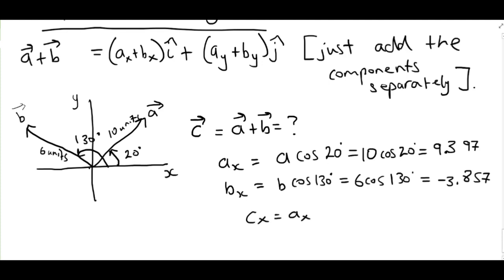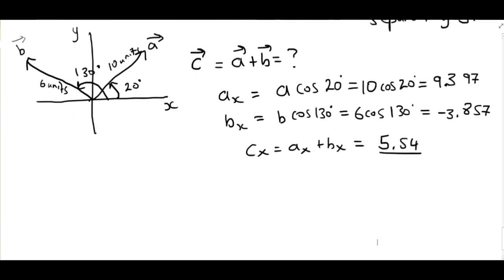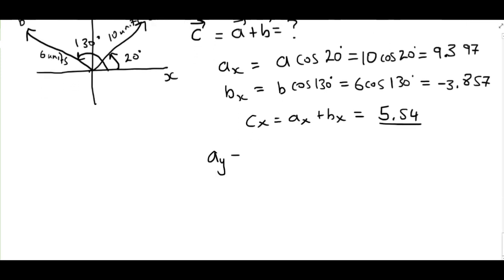Now, the x component of the resultant vector C is equal to the sum of the x components of A and B. Summing together 9.397 minus 3.857, we get 5.54. Now, looking at the y component, Ay is equal to A sin 20 degrees, which is 10 sin 20 degrees, equal to 3.42.